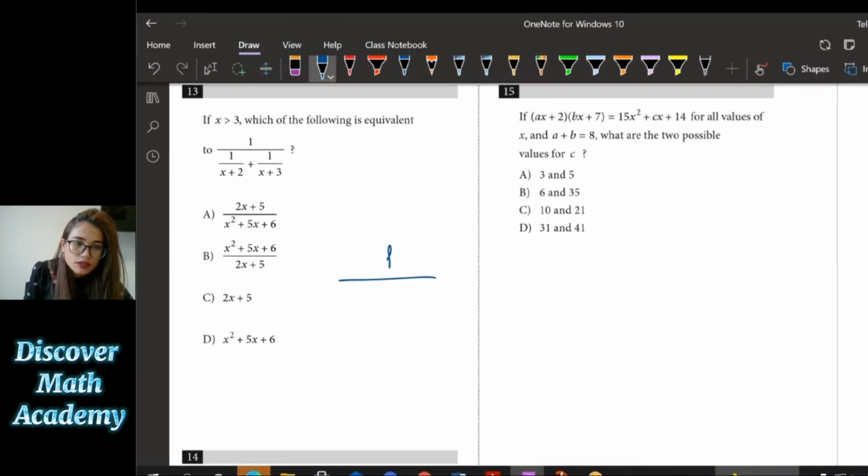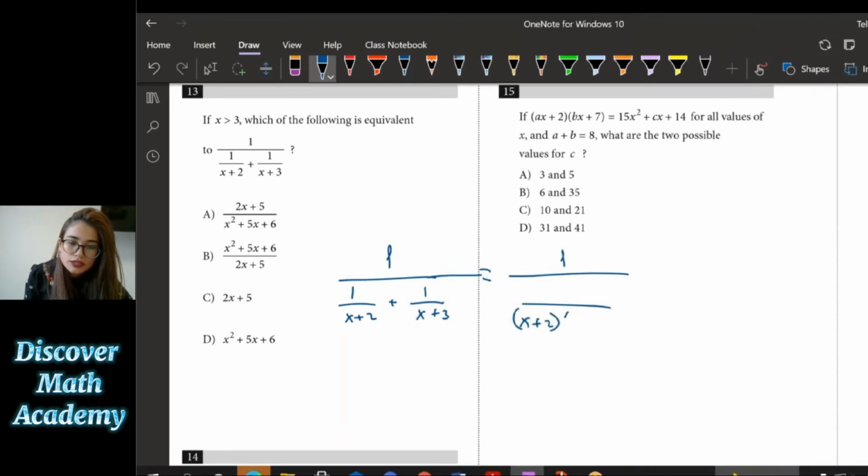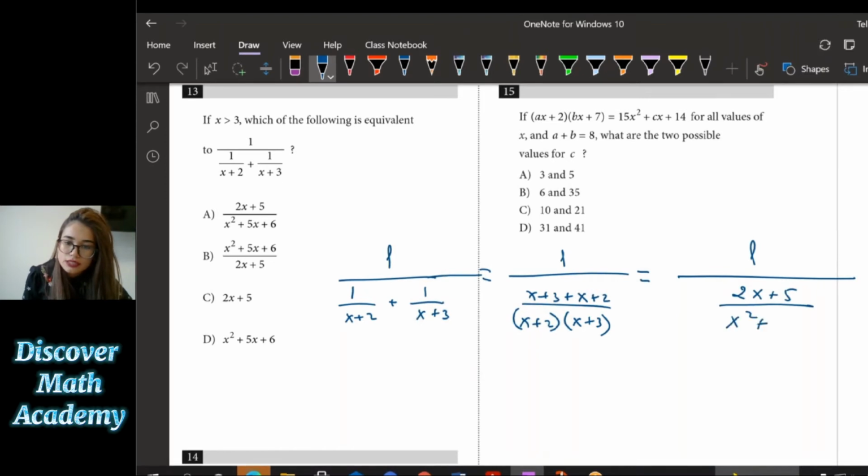Let's write this one. 1 out of x plus 2 plus 1 out of x plus 3 is equal to 1 divided by x plus 2, in the same denominator, x plus 3. So it's going to be x plus 3 plus x plus 2 is equal to 1 out of 2x plus 5, x squared plus 2x, 3x, 5x plus 6.